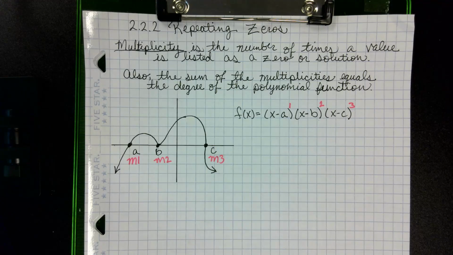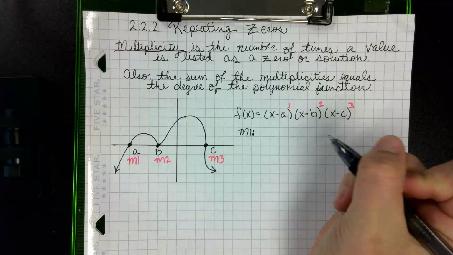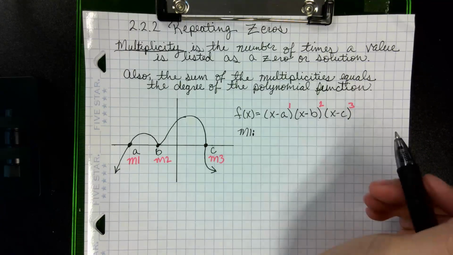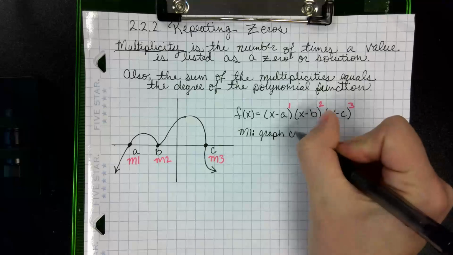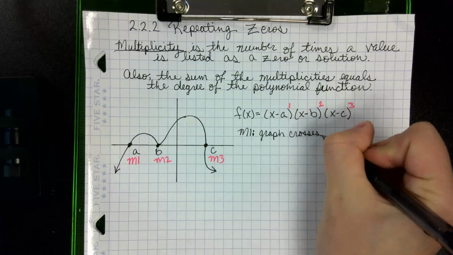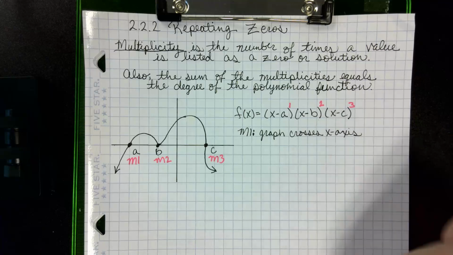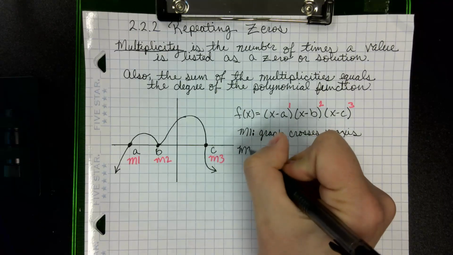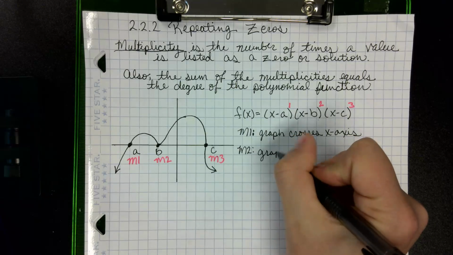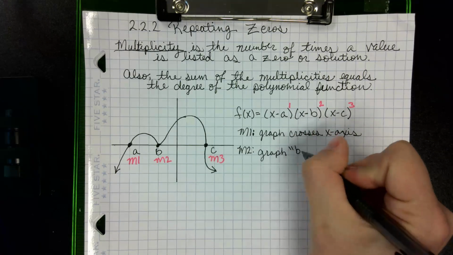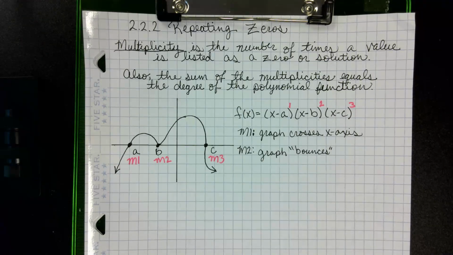All right, so M1 is when the graph crosses the x-axis. And M2 is the graph bounces. That's my word. Use that word or not.